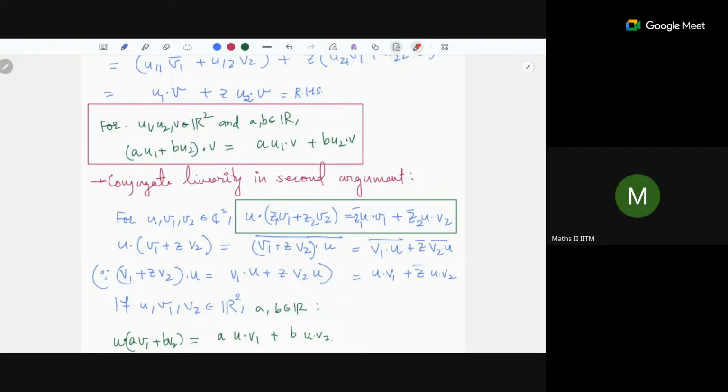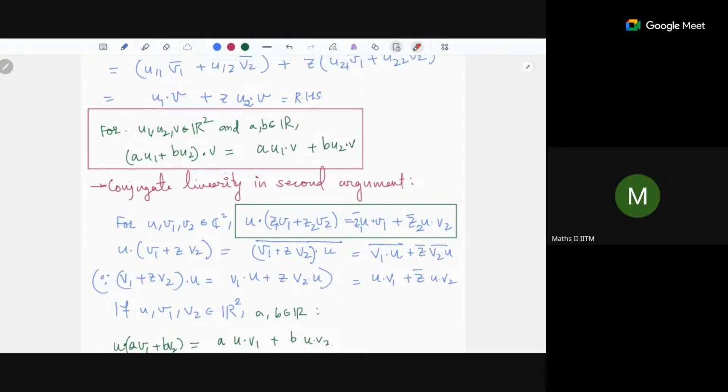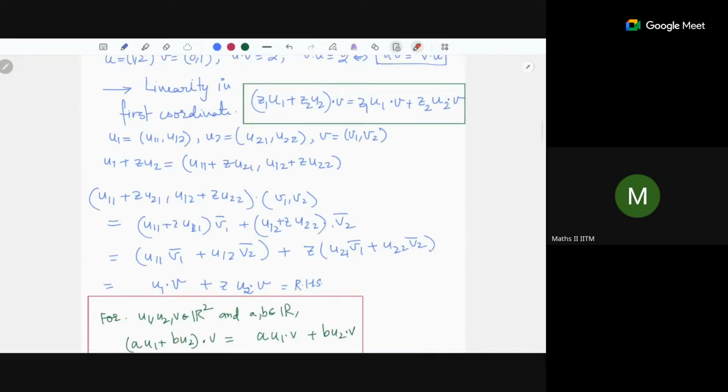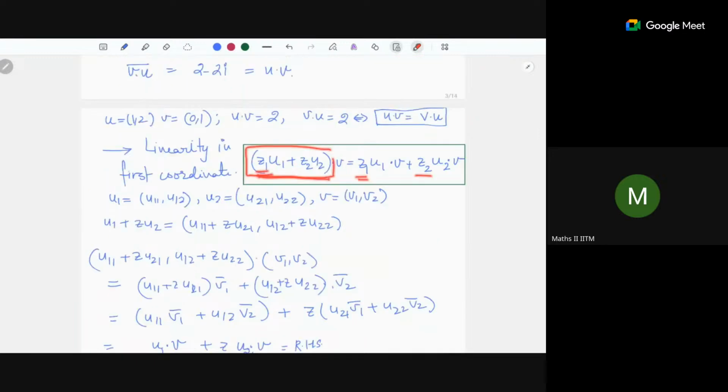So it's a linear expression, but we have the conjugates of zi coming out, not the complex number itself. Whereas in the case of linearity, the zi should come out. That's what happens if you have a linear expression in the first coordinate. So that's the difference between conjugate linearity and linearity. Is that clear?